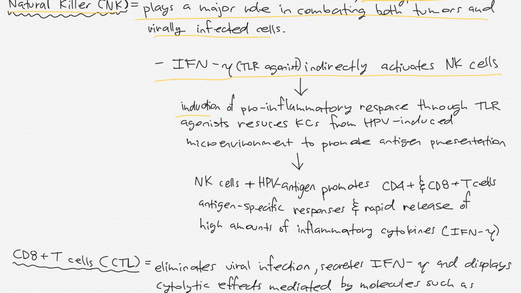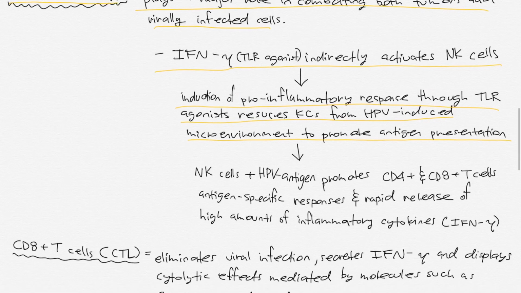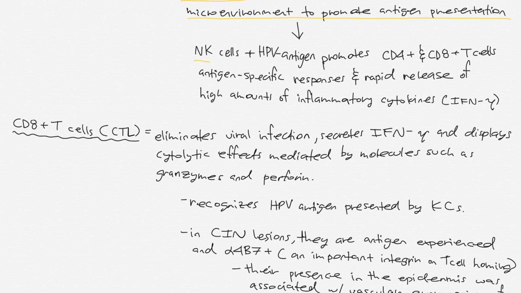This causes an induction of pro-inflammatory response through TLR and agonist, which rescues KCs from HPV-induced microenvironments to promote antigen presentation. NK cell with its HPV antigen promotes CD4 positive and CD8 positive T cells antigen-specific responses and rapid release of high amounts of inflammatory cytokines, or IFN gamma.